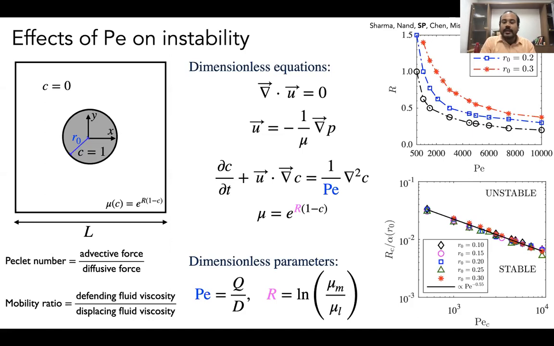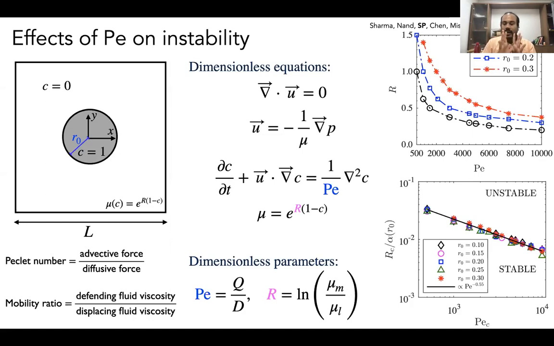And then we tried to find a universal scaling of the stable-unstable region boundary for different R0, which is shown in the bottom figure. By simply scaling the critical mobility ratio, that means the values of R lying at this interface, which is what we are plotting, by some number alpha, it becomes a single universal curve, and that is proportional to the Peclet number to the power minus 0.55.